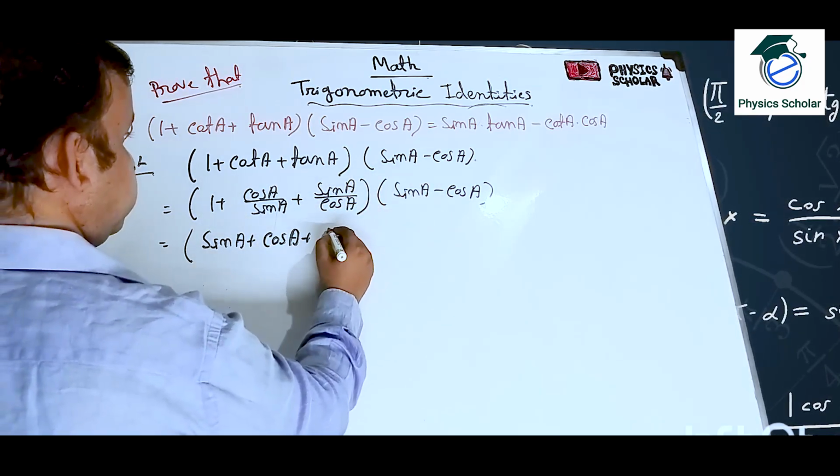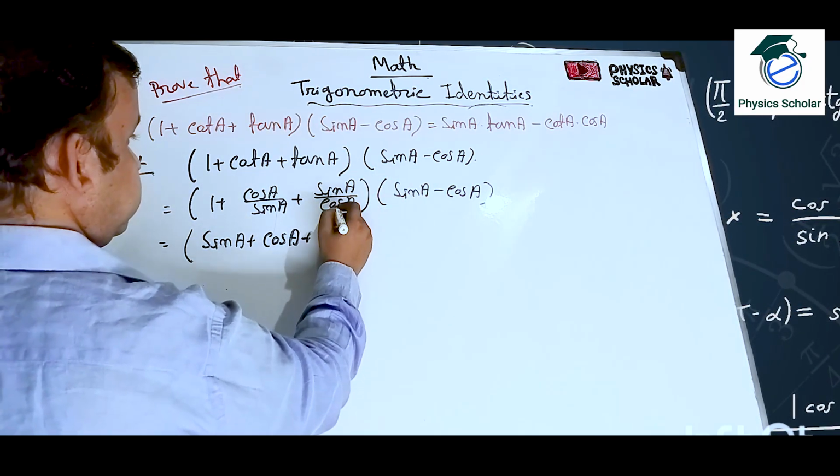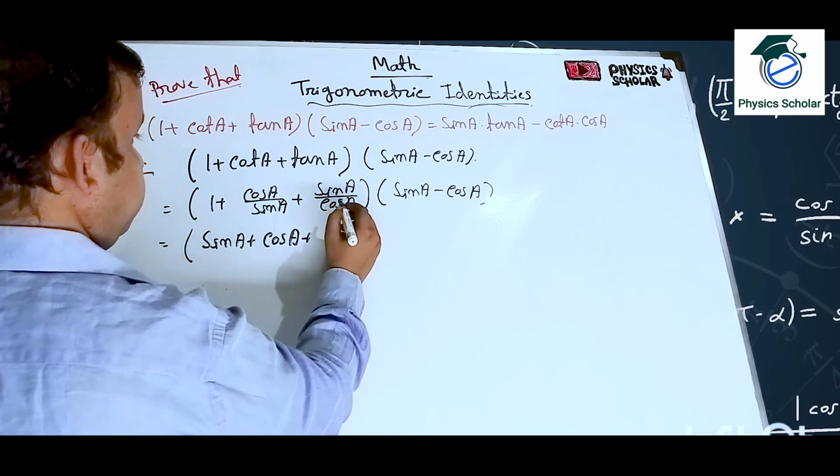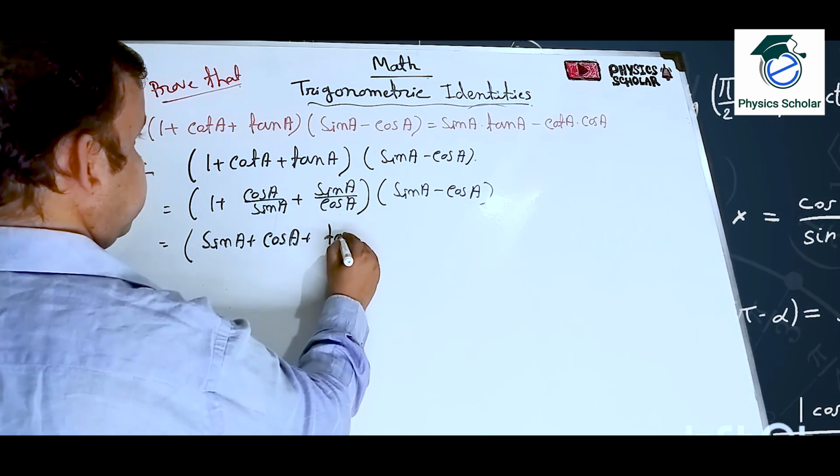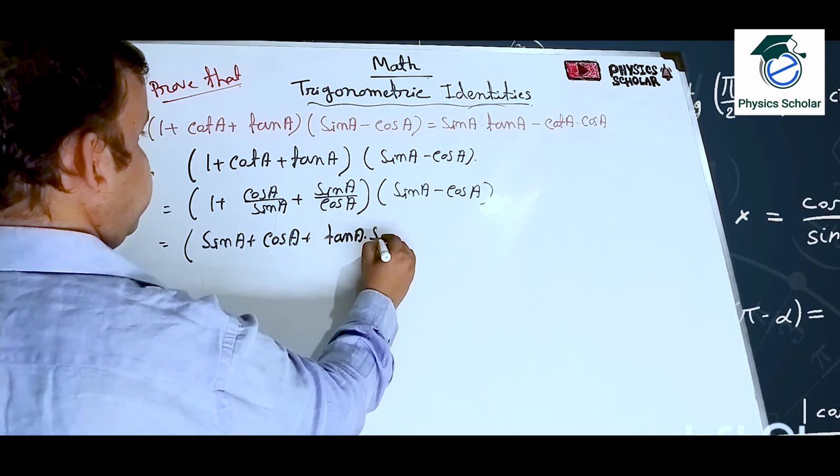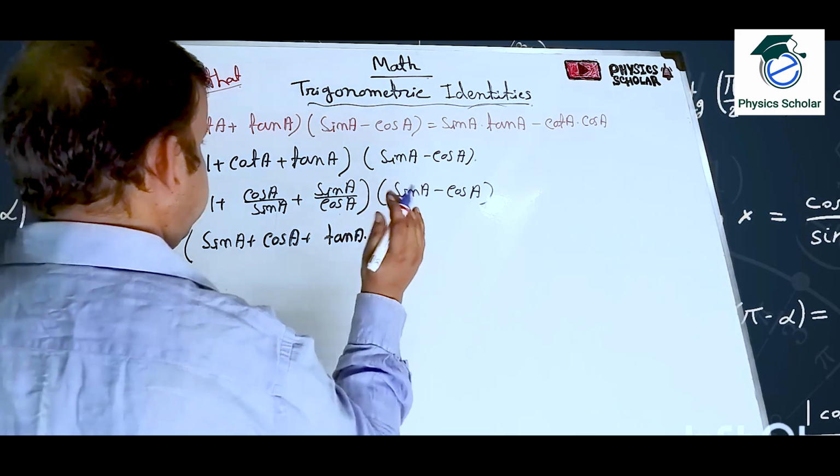That means sin by cos means tan A, tan A into sin A. Completed.